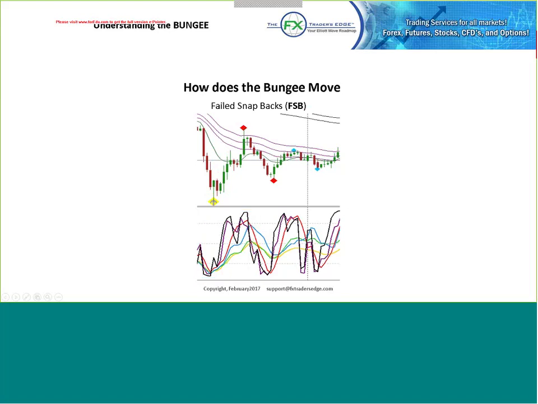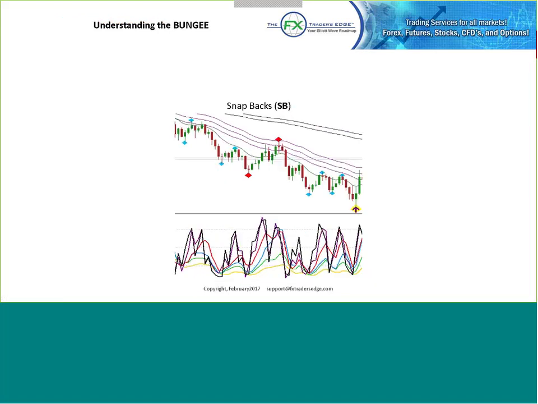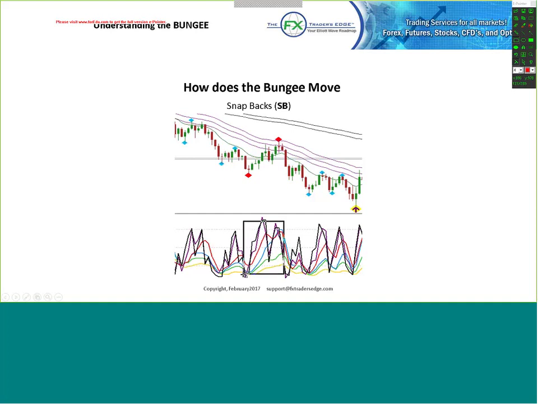And probably it's best if we just nip back to that previous one. Yeah, and again, we'll draw a box where the snapback kicked in. On this occasion, we made a new low. And look how low the green and the yellow bungees are. Look at the difference.